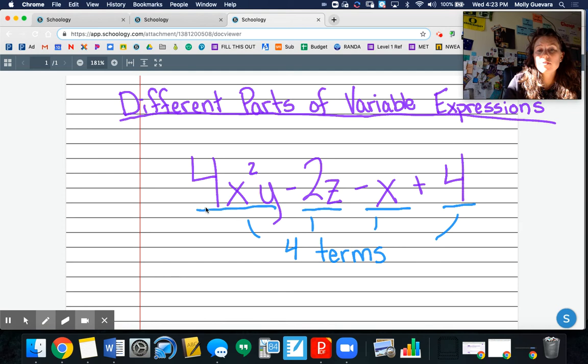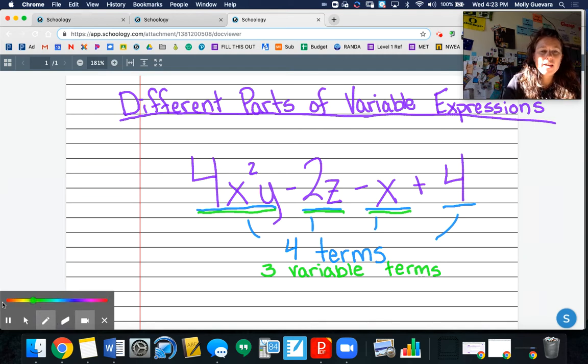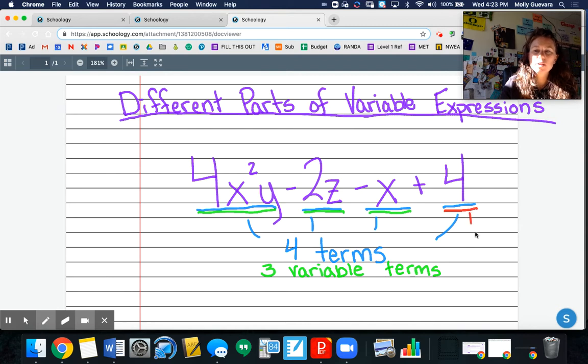Then the next question is, how many of those terms are variable terms? How many of those terms have a variable in it? Well, this one does because of the x squared and the y. This one does because of the z. And this one does because of the x. So even though there's 4 terms total, there's only 3 variable terms. And then that last term, that 4, because it's not a variable term, that's called the constant.